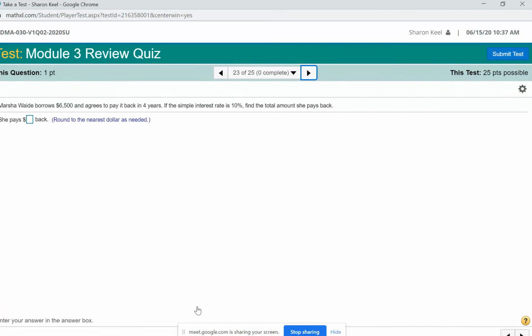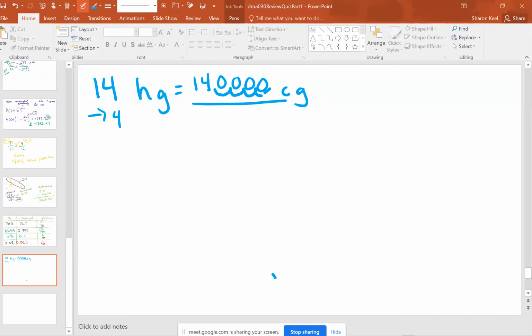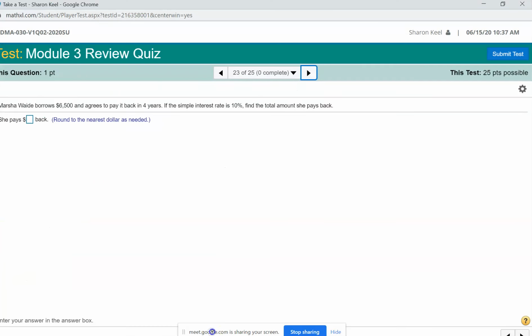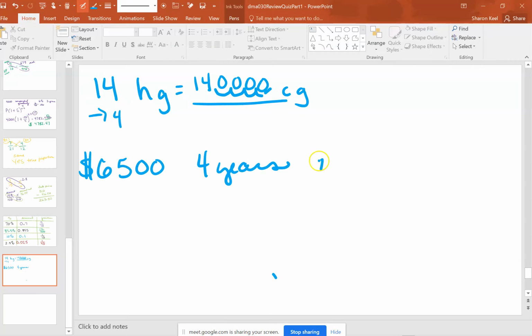Marcia borrowed $6,500. She's going to pay it back in 4 years. Simple interest is 10%. Find the total amount she pays back. So $6,500, 4 years, and 10%. We're doing simple interest.